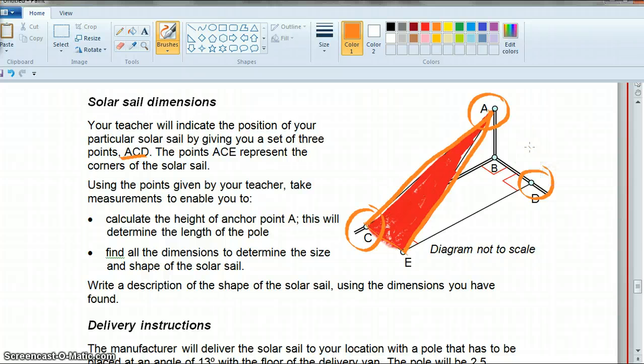So if you've got those, how on earth would you find those dimensions? What would you physically measure? So you might be standing here, you might be measuring that angle there, you might, oh hang on, you probably won't be standing, you might probably be standing there.